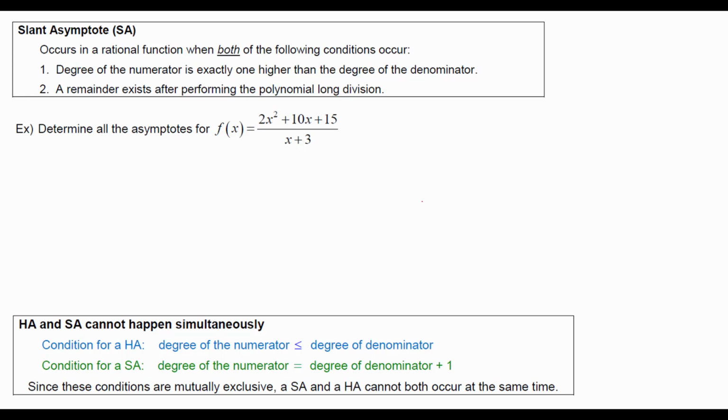So let's first find the vertical asymptote. Because I have a denominator x plus 3, this function is undefined when x equals negative 3. So we can find the limit as x approaches negative 3 either from the right or left. It doesn't matter.